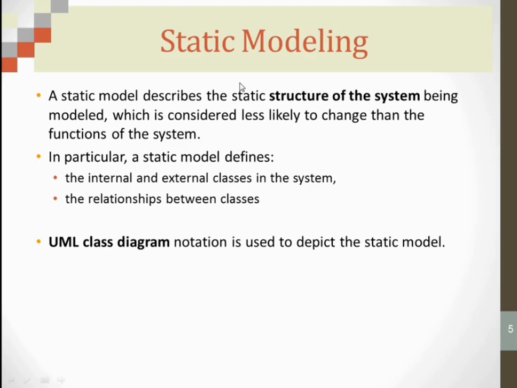So in the static model, we build the classes of each external device. We represent each device as a class. So we need to study the class diagram of the system, and then we build on this class diagram and develop the conceptual diagram and the context diagram.